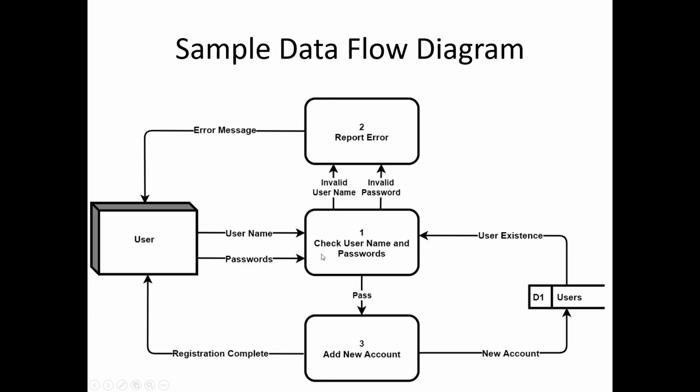So here we have a process which is called check username and passwords. The name indicates its function. Basically, it would check the username and passwords to see if they are valid. If both of them are valid, then this process would generate registration complete information to the user.